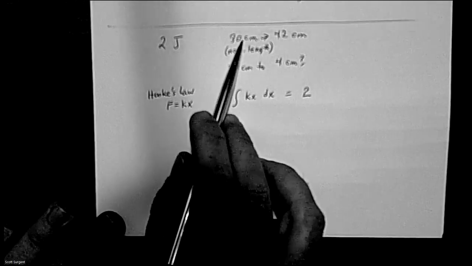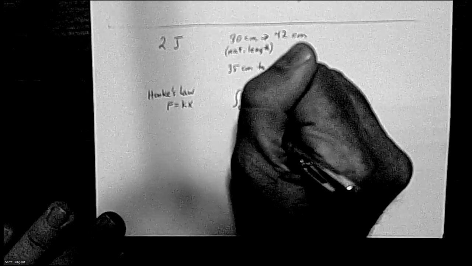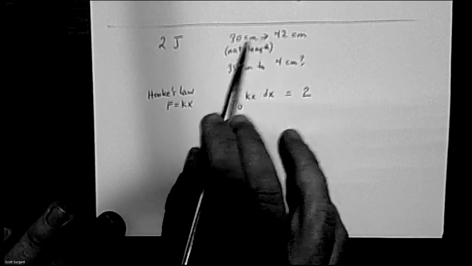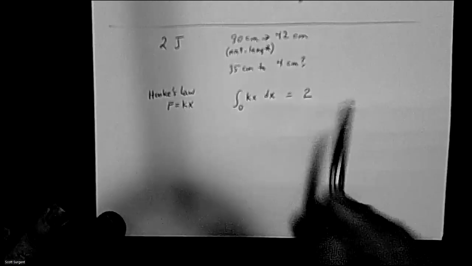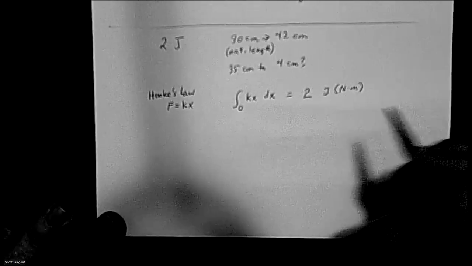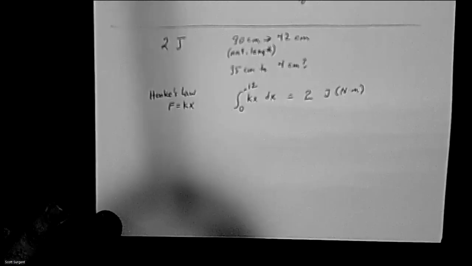So what we have to do here is convert everything, assuming 0 is the natural length. So that would be 42, well, that'd be 12 centimeters. We have to do this because joules are Newton meters, so we have to convert it to meters. So what's that, 0.12? Everybody catch that?